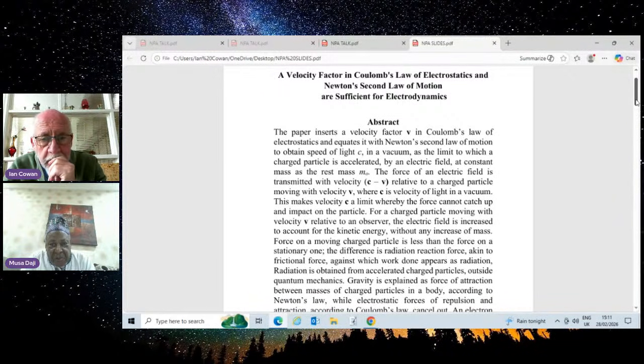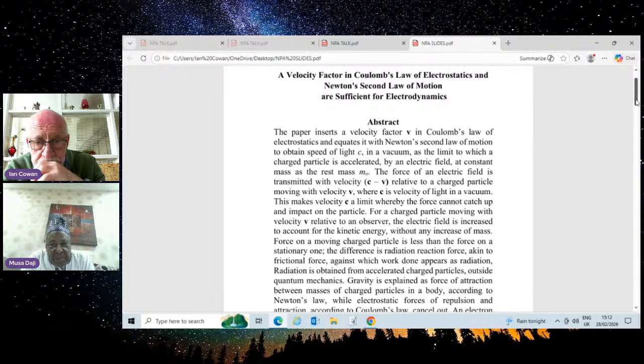The force of an electric field is transmitted with velocity c minus v relative to a charged particle moving with velocity v, where c is the velocity of light in a vacuum. This automatically makes velocity c a limit whereby the force cannot catch up and impact on the particle.